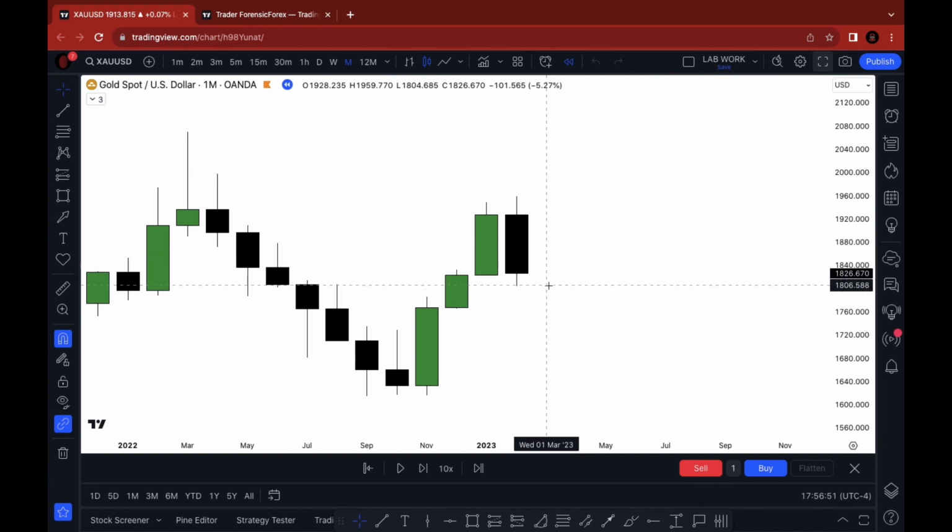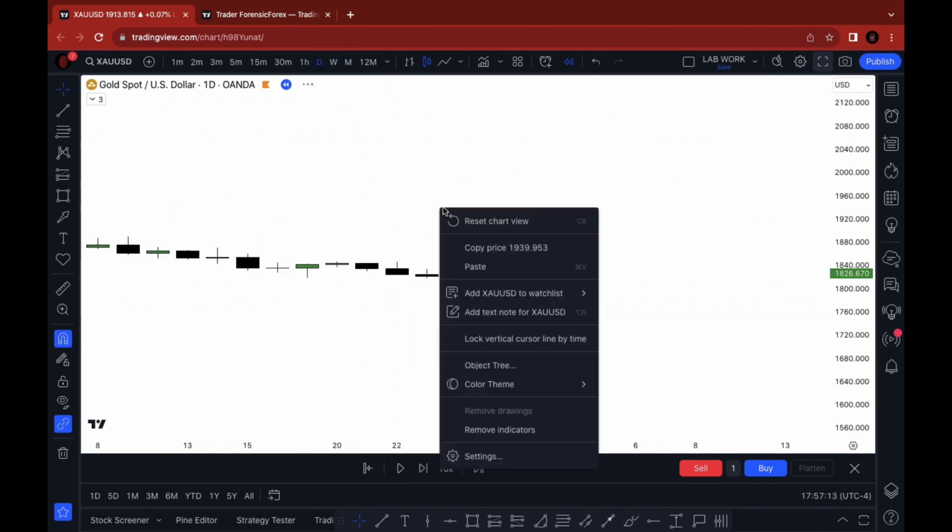It gets to a low point. After getting to that low point, it then pulls off its low and closes up here. Now, if we infer to this on the daily time frame, we're going to get a lot more information out of it. But just solely looking at it from a monthly candle, we can clearly see that there was a move up, then down. Let's take a look at what it looks like on the daily chart.